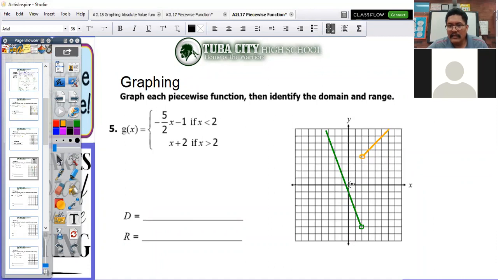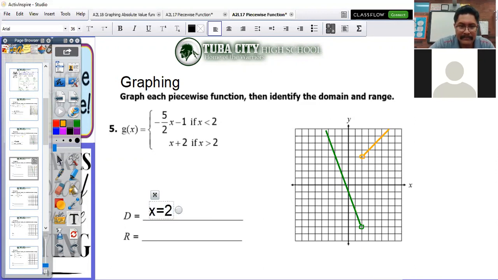But if I say, what is the output for the input of 2? They both have holes in the function at 2, so neither of them. So that's what a hole in the graph looks like. I can pick anything greater than 2, anything less than 2. I just can't pick 2.